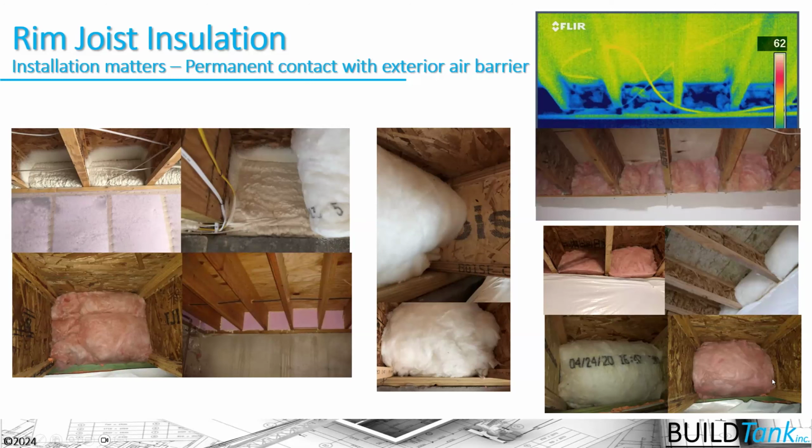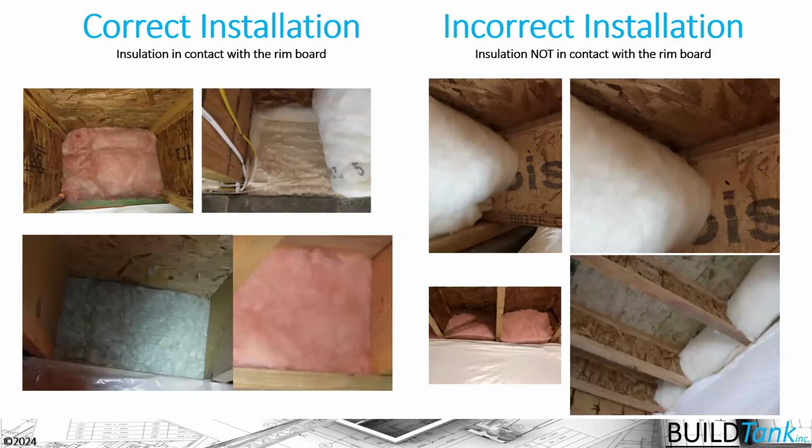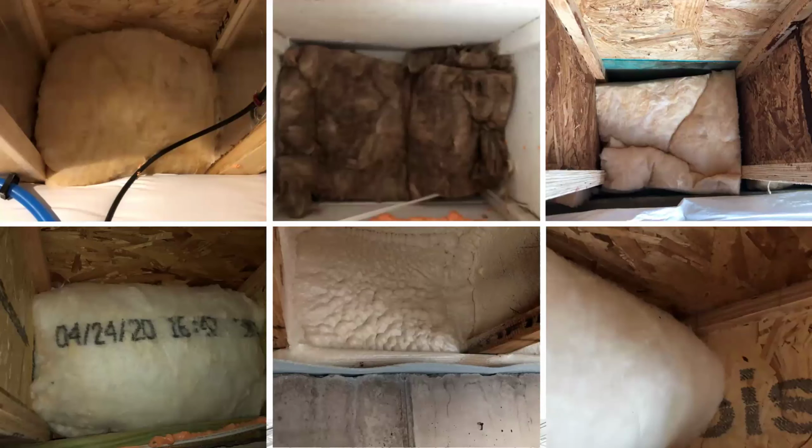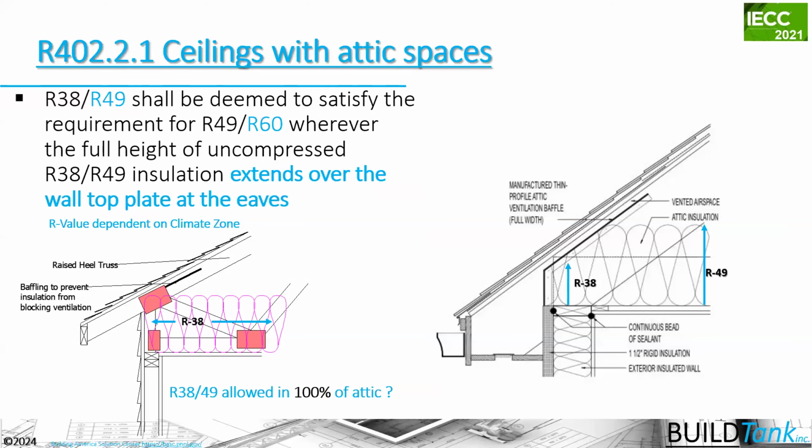And all of these puffed out insulations are examples of insulation that has not been installed well. And that's why one of the things we're starting to see is more and more foam products being installed in those assemblies. Whenever you see a crescent-shaped batt, you should be wary that the batt is not installed properly there. It needs to be in full contact with the surface that it's intended to insulate. And here's just some more examples of poorly installed batt insulation.